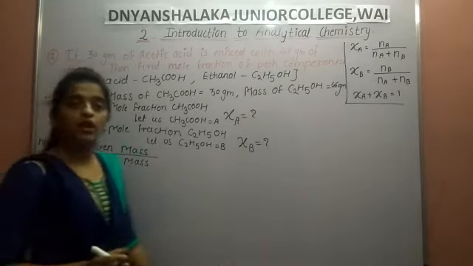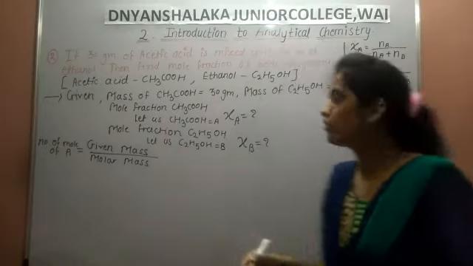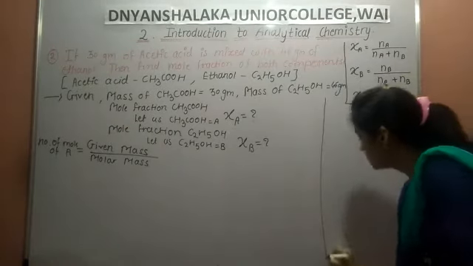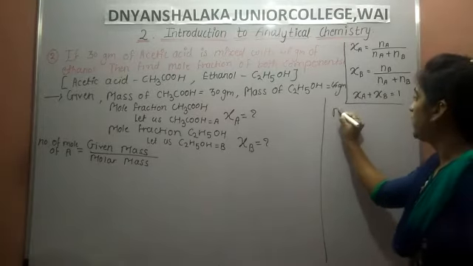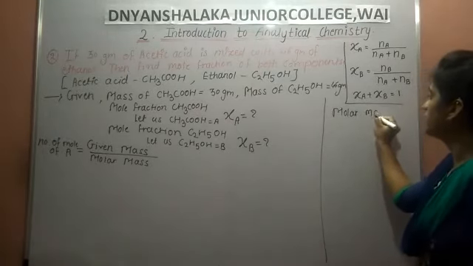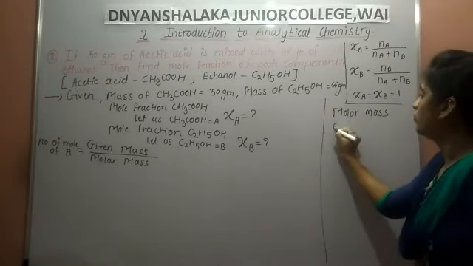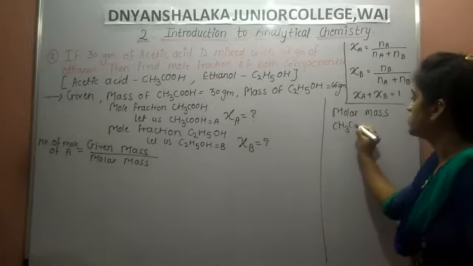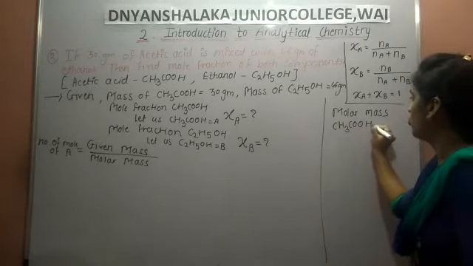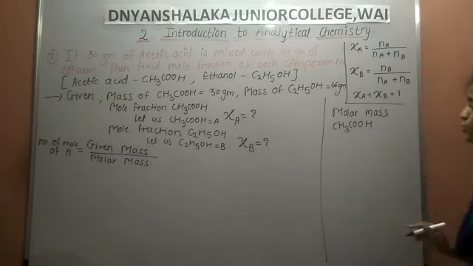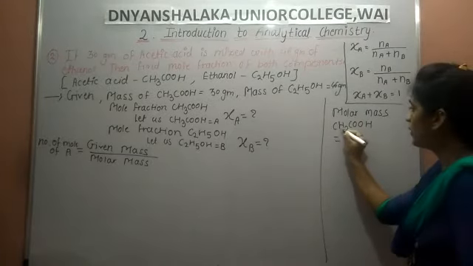So first we have to calculate the molar mass or molecular mass of acetic acid and the molecular mass of ethyl alcohol. So on this side we calculate the molar mass of acetic acid, formula CH3COOH. In acetic acid, how many atoms of carbon?